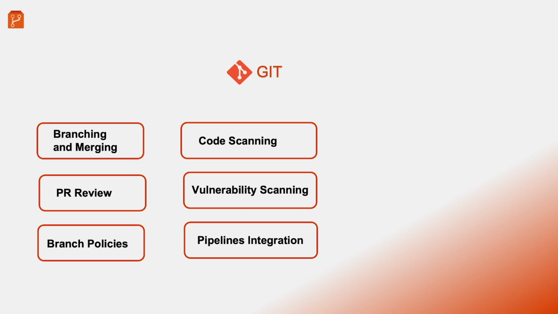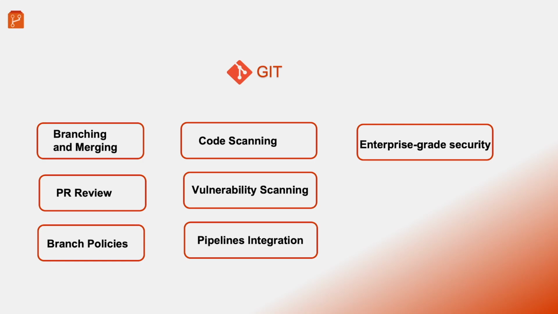Pipeline integration, so whenever a change happens on the Git repo, it can trigger a pipeline to ensure that the code is building and quality is there. With enterprise grade security, you can have RBAC control based on your Active Directory integration, TLS, automatic code reviews, enforced coding standards.